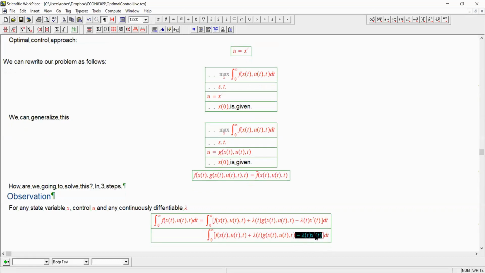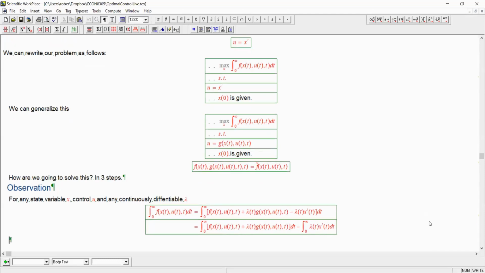So I take this out of the integral, and of course, for this to be correct, I have to integrate it too. So far, so good. Now let's integrate the last term by parts.